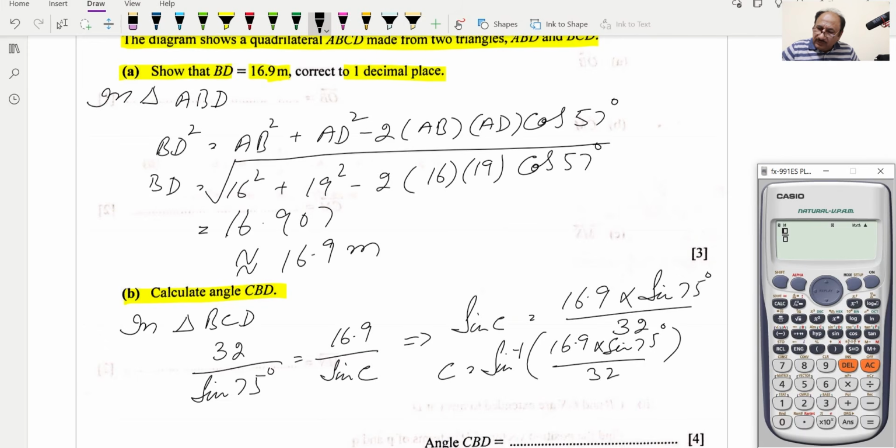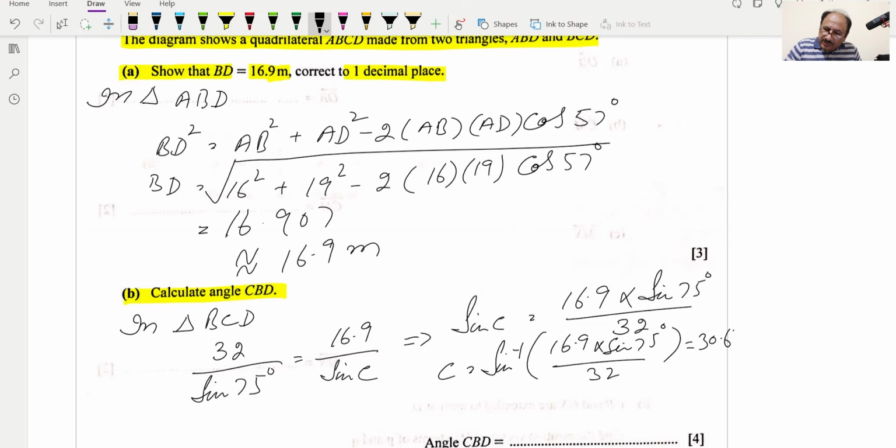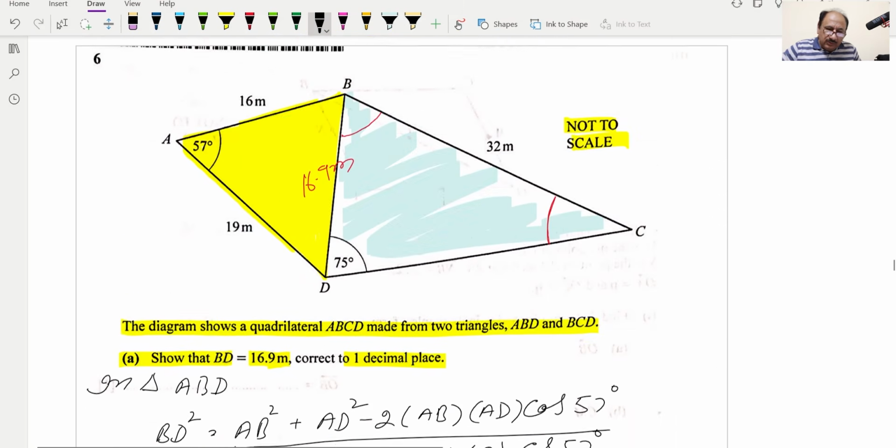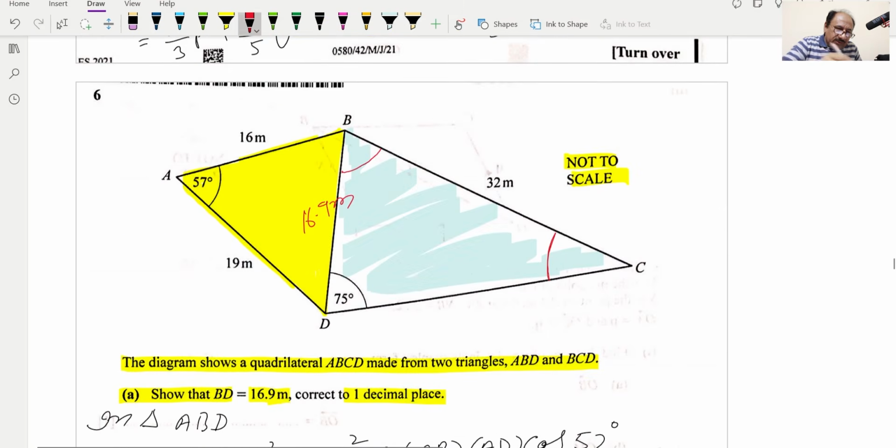Shift sine, and fraction, this will be 16.9 into sine of 75 degrees divided by 32, and the bracket will be closed, and this is equal to 30.67 degrees.